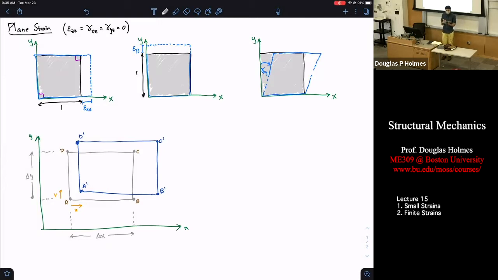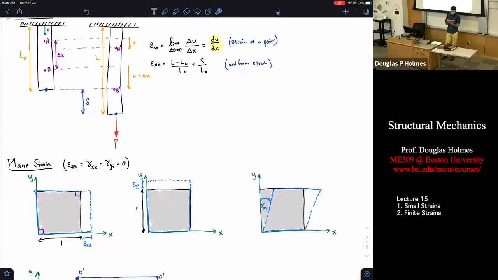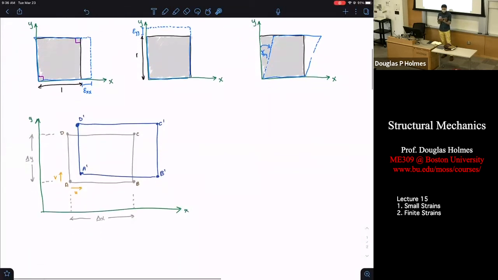So the challenge, and where things get tricky, is when you look at point B and point B prime and D prime. Because what's happening with B prime and D prime is the exact same thing that's happening up here. It's going to move a distance u plus some change in u relative to the x-axis. We didn't really say that here because we only cared about the x-axis. But down here, we care about x and y.